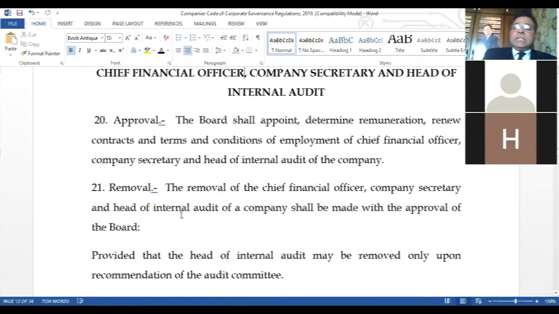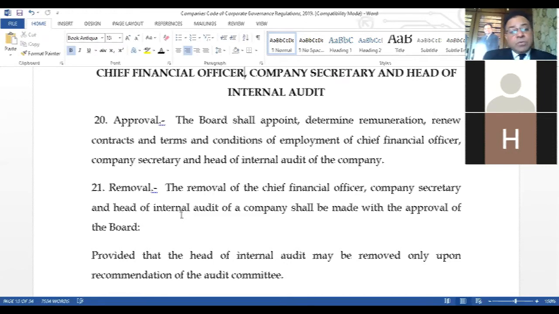Absolutely right. So, in order to have that internal management, there are committees underneath the board of directors, and if the audit committee is of the view that these appointees are not fulfilling their duties, and especially the head of internal audit, and there is a question of his removal, then the matter will be initiated in the audit committee.